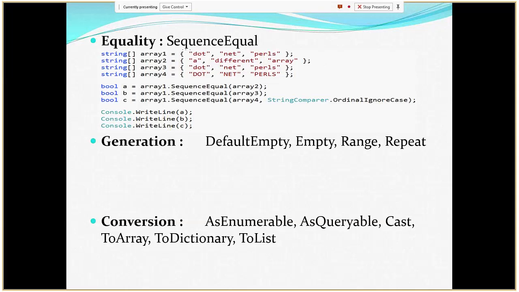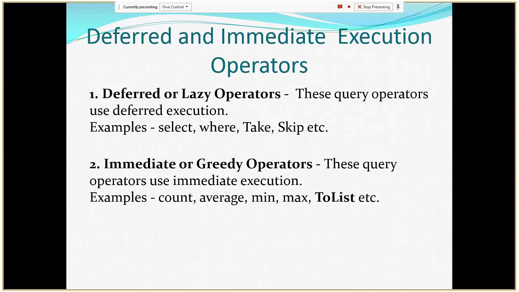See, all these conversions always happen with immediate execution. See, if you use, suppose, student list dot where condition, apply the condition, dot ToList, if you use ToList, we are able to see the immediate result. Suppose you are not using ToList, the result is available as an enumerable collection. Okay, these conversions always do immediate execution.